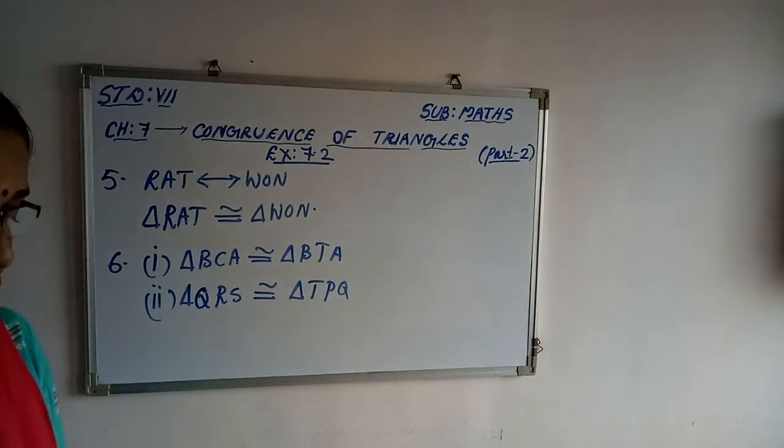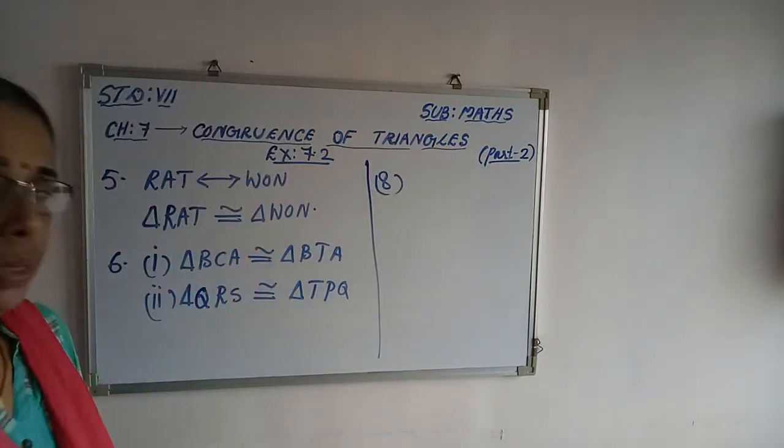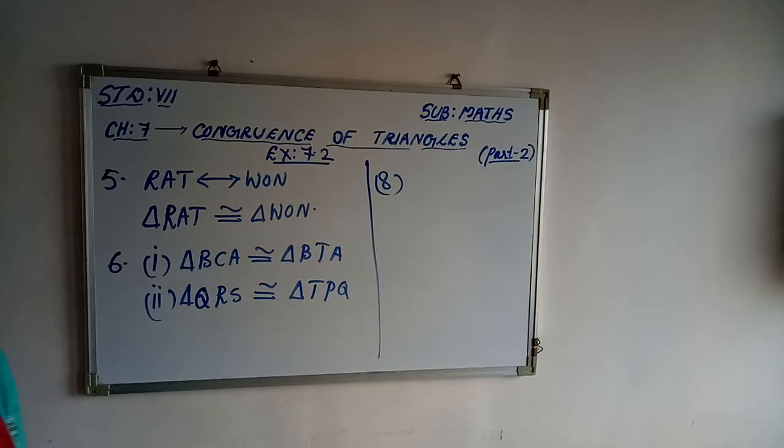So, see here question 8. You know that the answer of this question is, in a triangle there are 3 pairs of congruent parts, 3 pairs of sides and 3 pairs of angles for two congruent triangles. That is, in total there are 6 pairs of congruent parts in two congruent triangles.